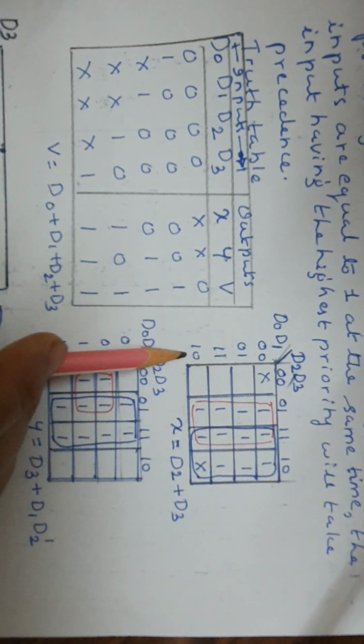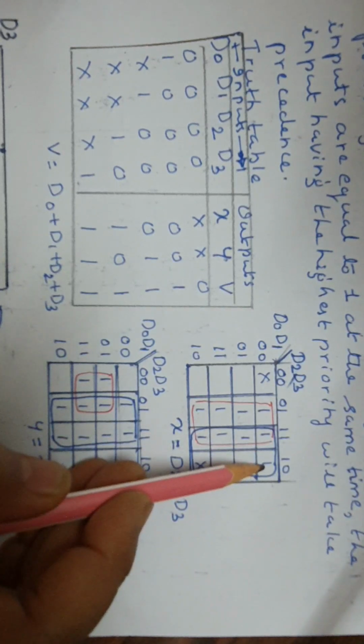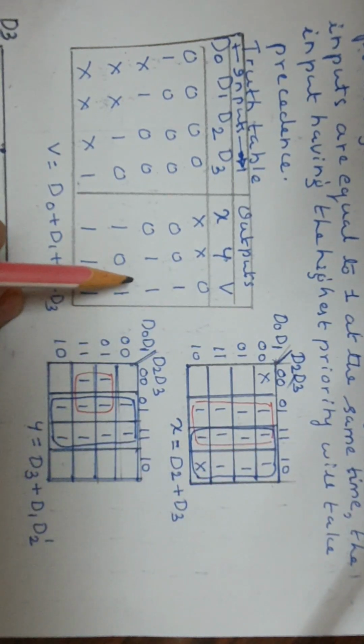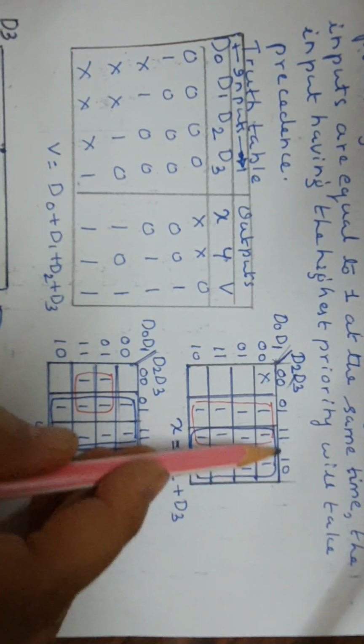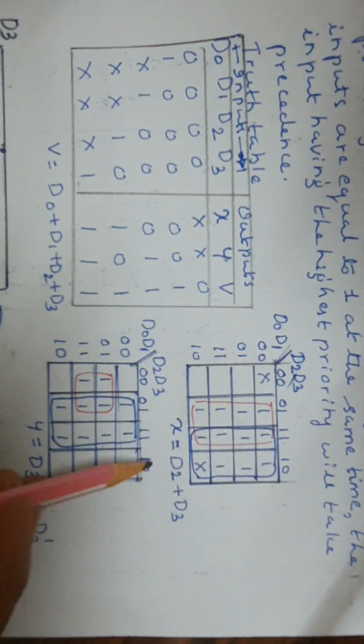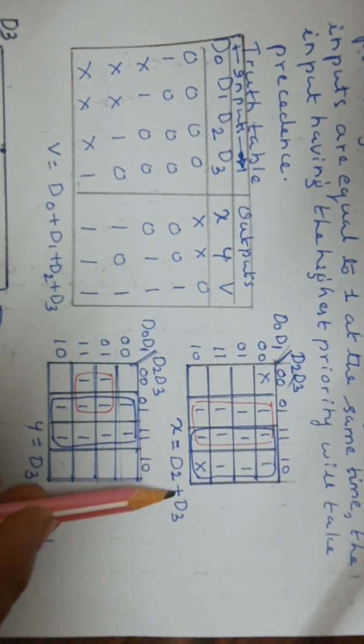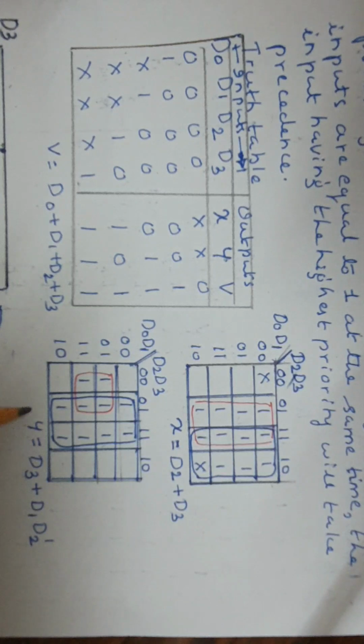Row wise nothing is common, but in this and this column all these ones are covered. So here 1 1 1 0, this 1 is common, that corresponds to D2, hence D2 is written with OR. That is, X is equal to D2 or D3. Similarly for Y, we can realize it after filling, using one octet and one quad.